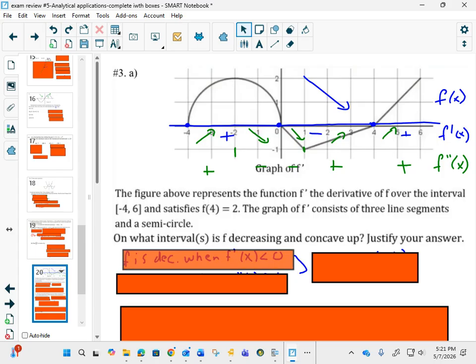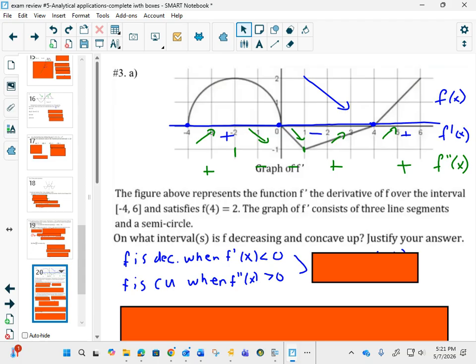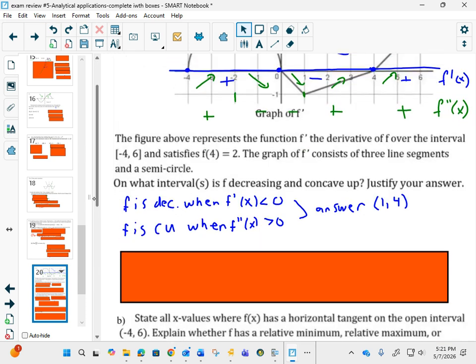So what do we need to say here? f is decreasing when f prime is less than 0. So that happens from 0 to 4. And f is concave up when f double prime is greater than 0. So the answer would be 1 to 4.